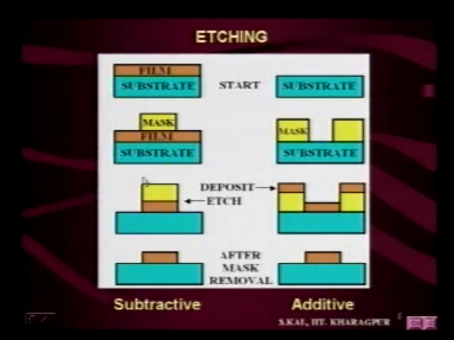Now, if you look at the other method, which is known as the additive method, what is done here? On the substrate, we have not deposited the film. Without deposition of the film, whether silicon dioxide or metal, initially you do the lithography.